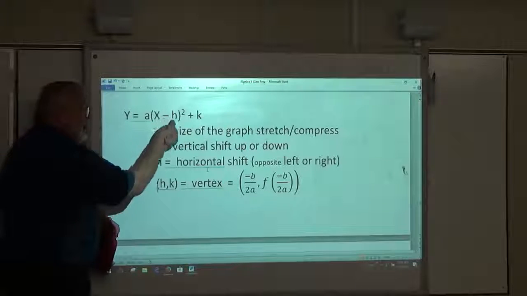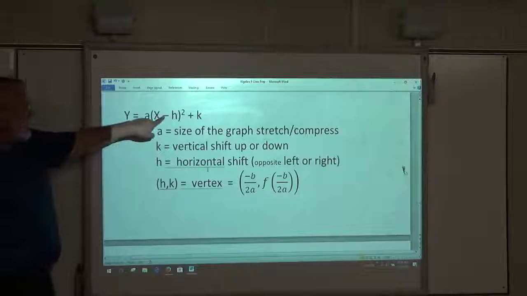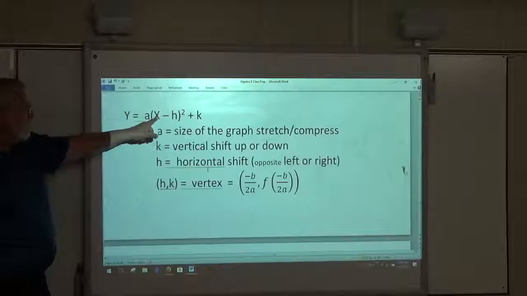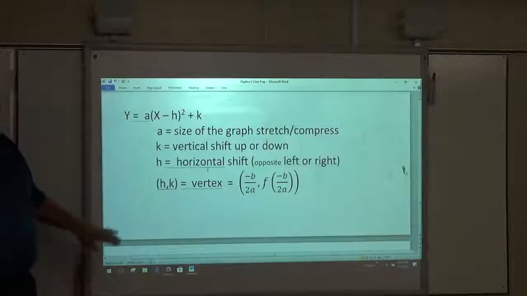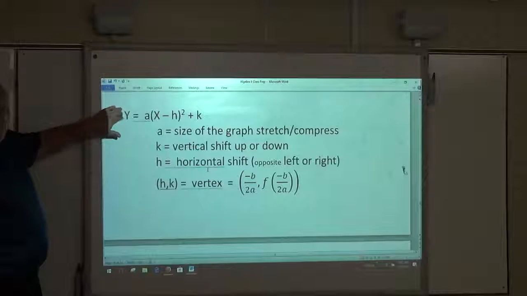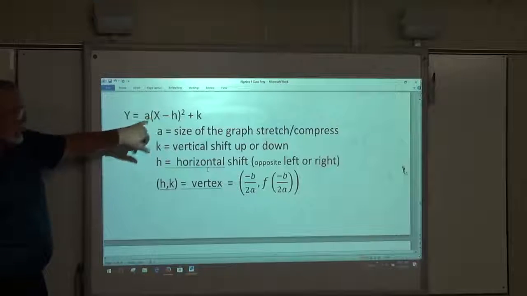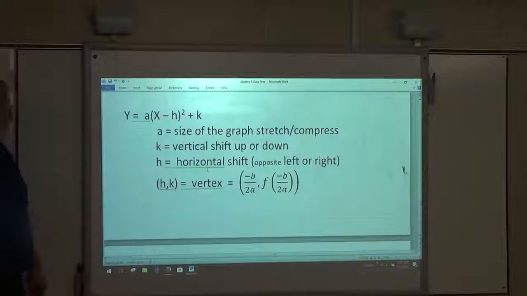So it's the opposite of this presentation. If this were a plus, then I would have minus negative, and so I would have a negative number. And the k that was over on this side, we moved to that side, because most of the time our presentation has y equals or f of x equals, and the number that's here ends up over there. And I told you that last week.